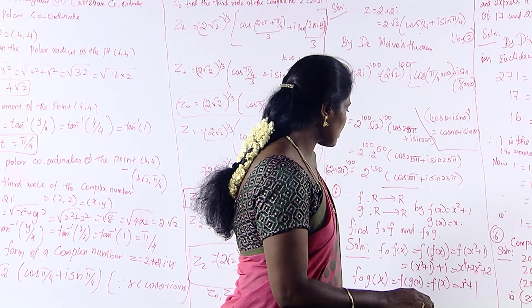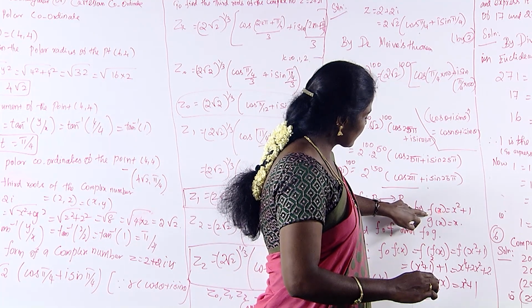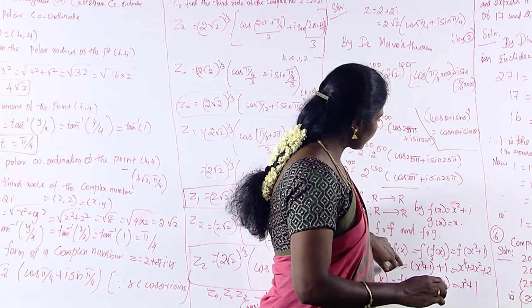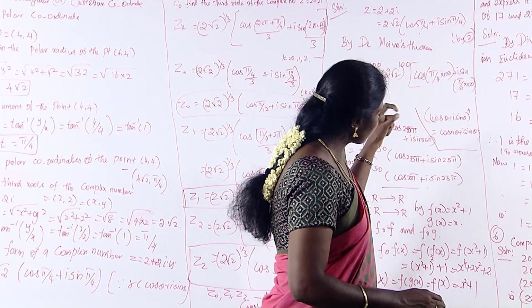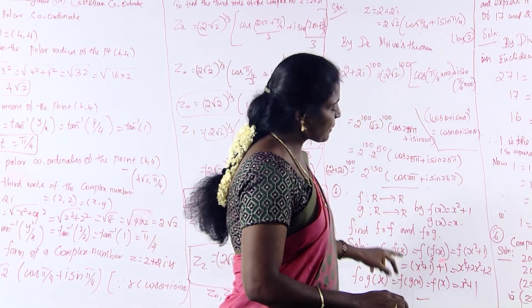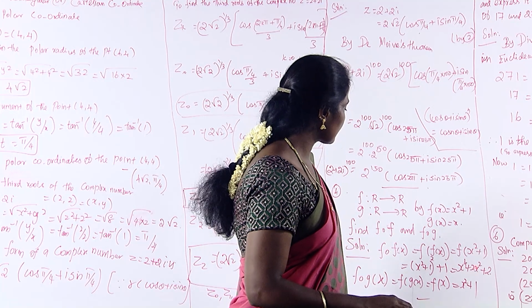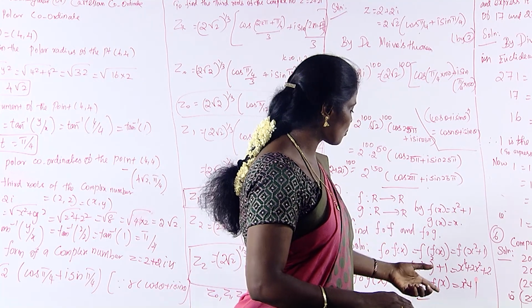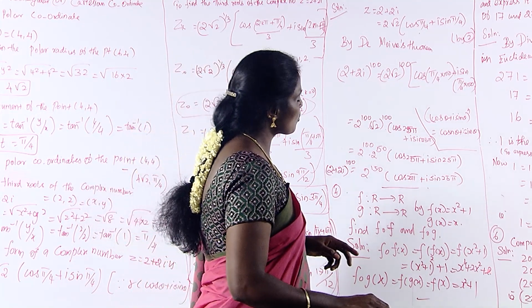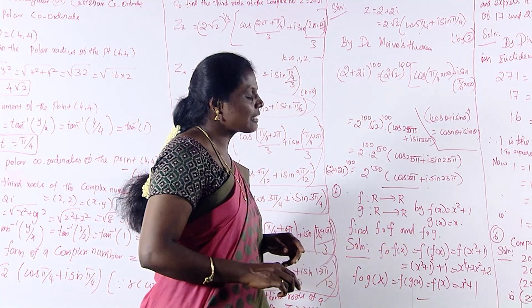Therefore, f of x square plus 1. What is f of x? f of x equal to x square plus 1. f of (x square plus 1) is nothing but (x square plus 1) the whole square plus 1. So, as per the definition of (a plus b) the whole square, x power 4 plus 2x square plus 1 plus 1. Therefore, x power 4 plus 2x square plus 2. So, this is nothing but f composite f.